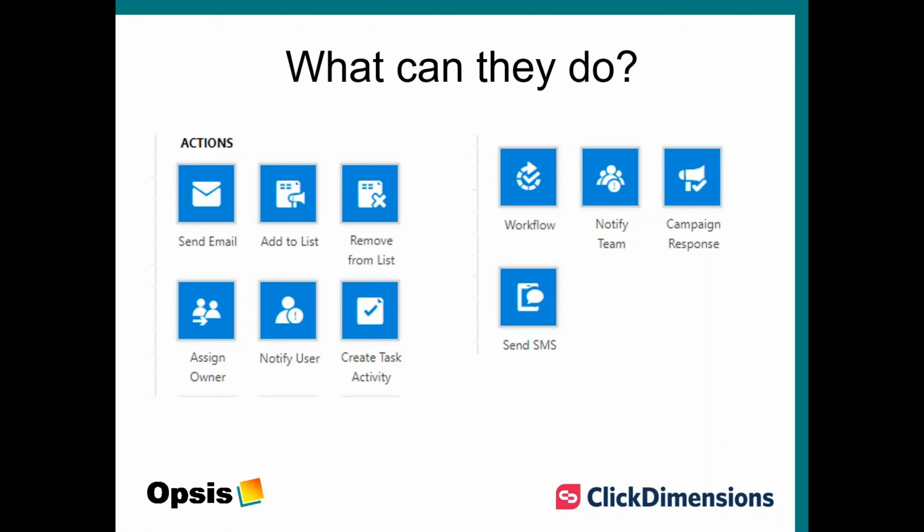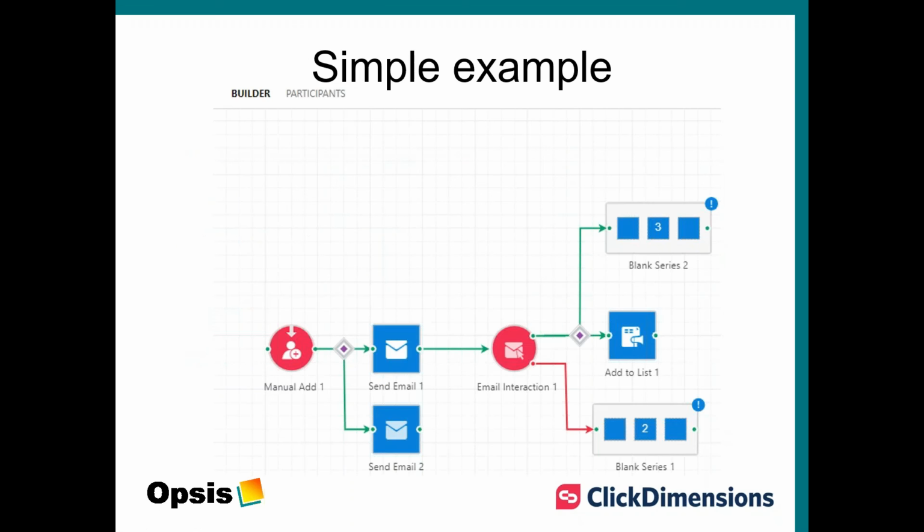I'm going to now run through some examples. So there is a very simple example. Every time somebody is added to a marketing list, we're looking at a piece of information about that person. So it might be their age, it might be where they live, and a whole range of other things.